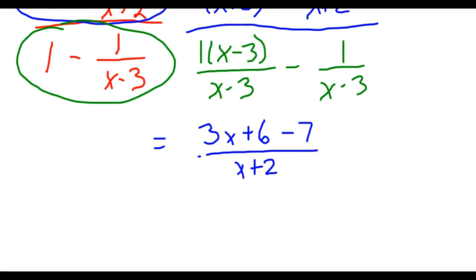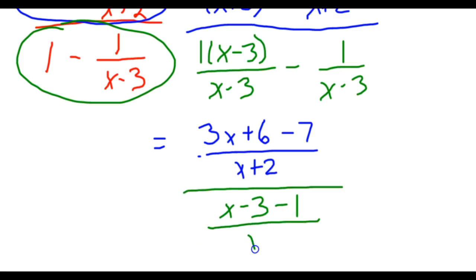Now we're going to do the same thing for the denominator. We have x minus 3. So this is all divided by x minus 3 minus 1 over x minus 3.